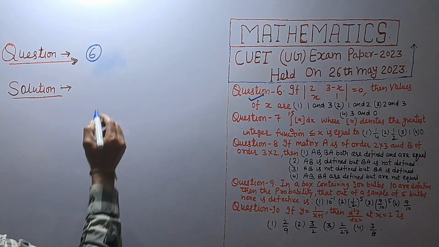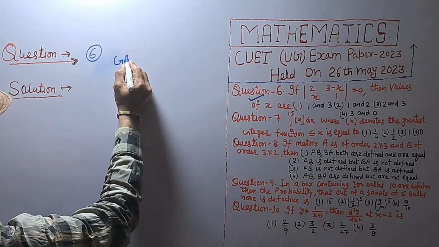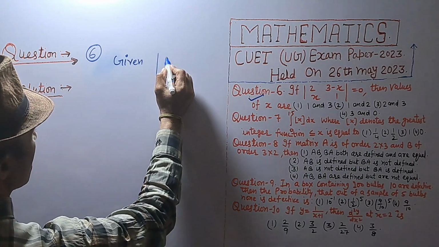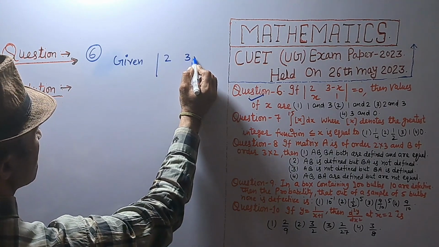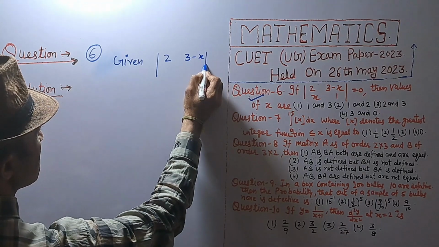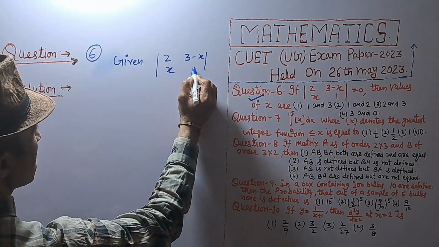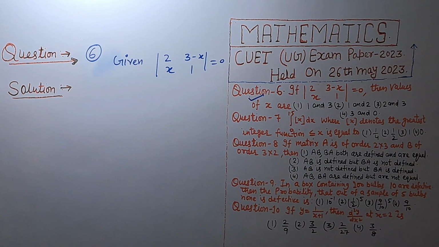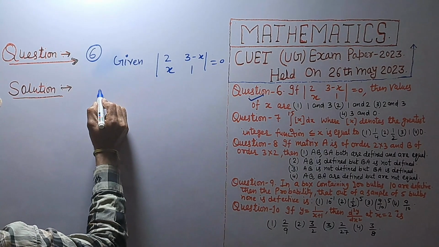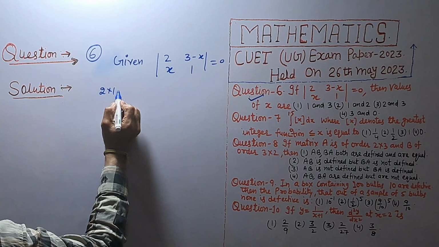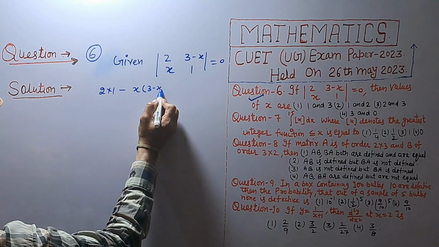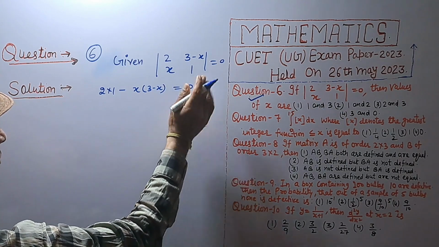Expanding the determinant: 2 into 1 minus x into 3 minus x is equal to 0.